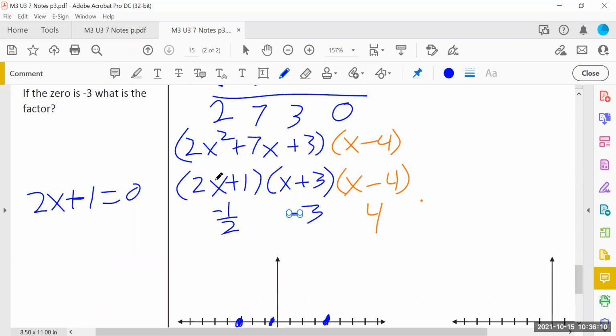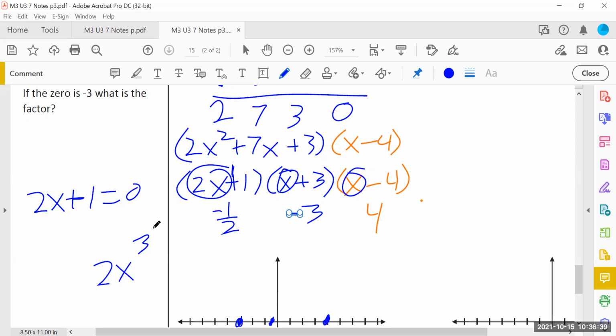Coming from the 2x, and the 2 is positive. There's a 1, but that's odd. Yes, but we don't want to just do this one. We want to do 2x times x times x. So you're right that the 2 is positive, and it ended up being odd because it was a 3. Does that make sense? So we've got low, high end behavior, but I still need that y-intercept.